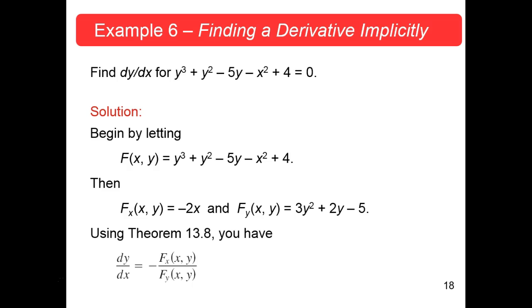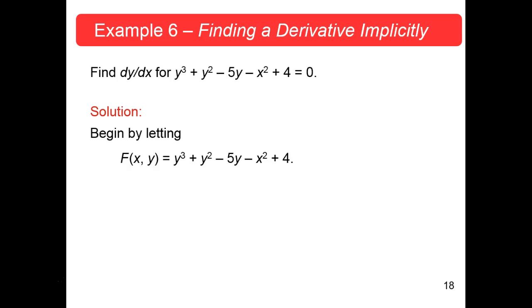Then using the theorem, just plugging and chugging, dy/dx is equal to minus the partial of f with respect to x over the partial with respect to y, which would be minus a minus 2x over 3y squared plus 2y minus 5, which makes it just 2x over 3y squared plus 2y minus 5. All right. So that was it for example 6.